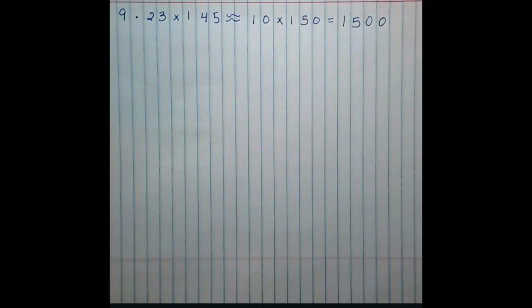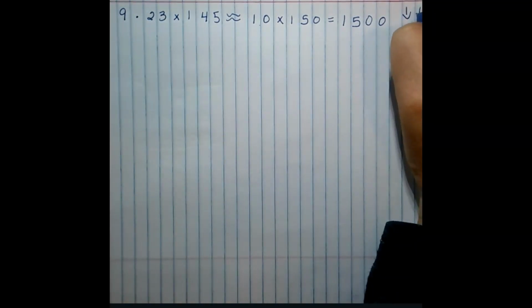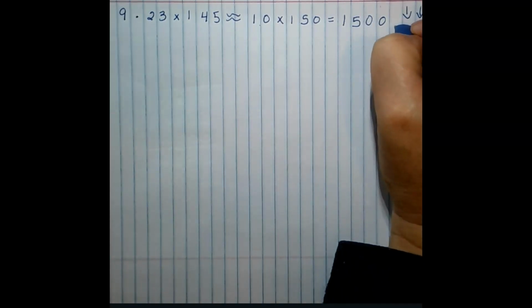In this problem, 9 23/100 was rounded up, so it is less than 10, and 145 is less than 150. So we now know that our answer should be close to, but less than 1,500.